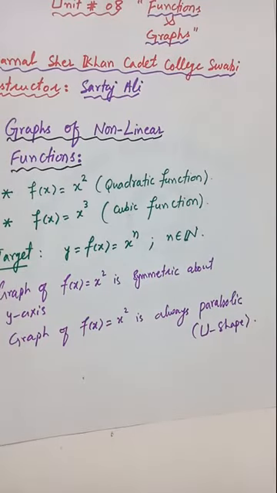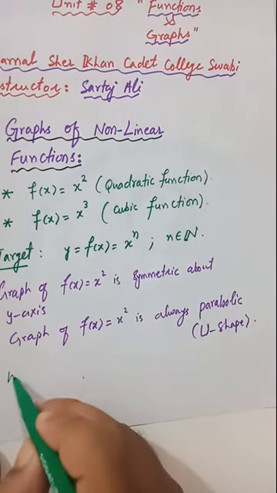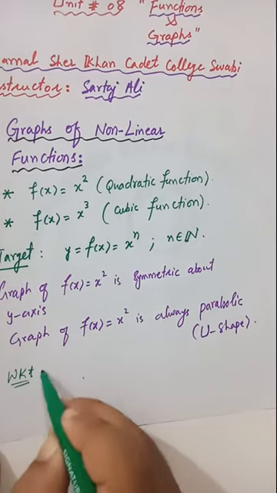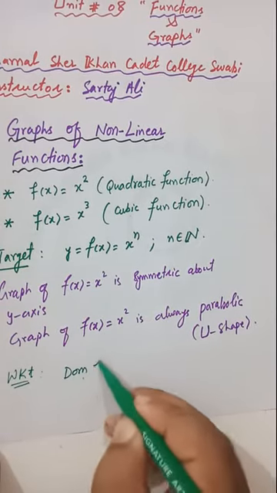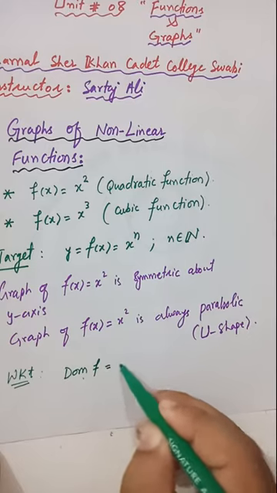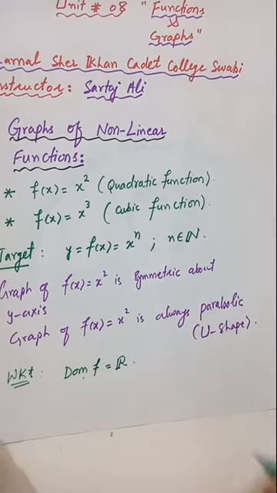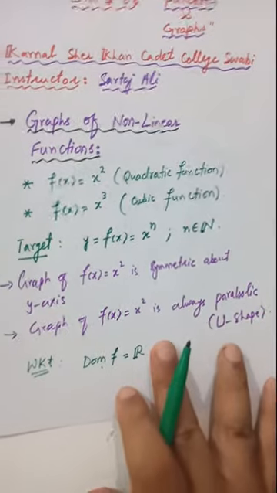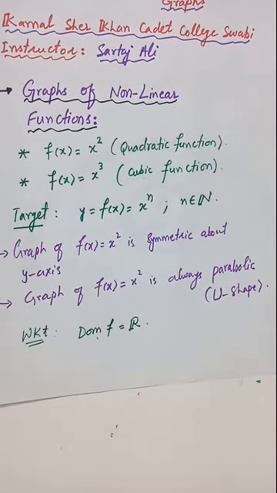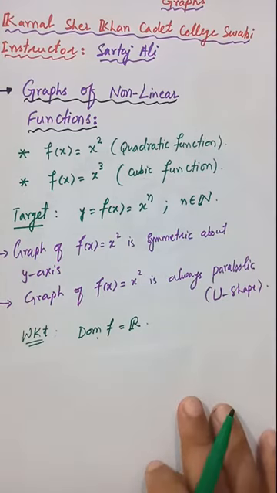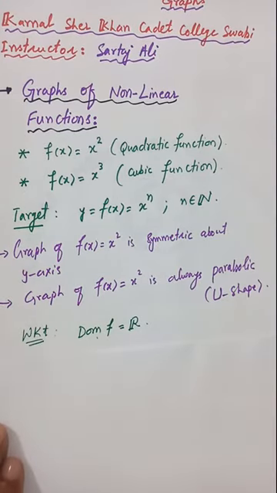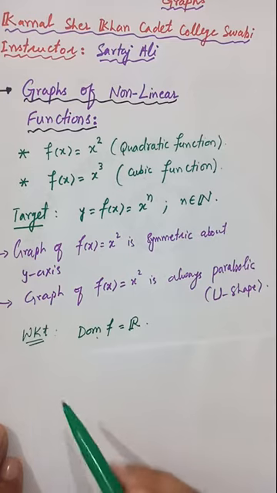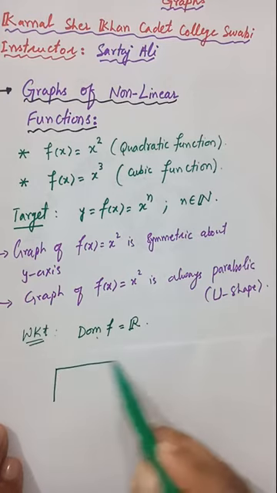Now we know that the domain of a quadratic function is the set of real numbers. So from the set of real numbers you can choose any value, put that value in the argument of the function and construct a table.